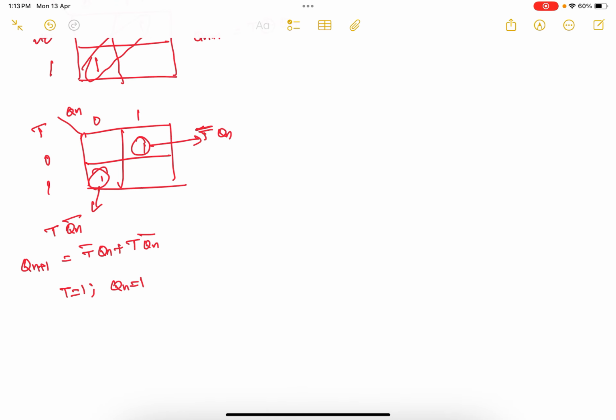If you substitute, you get 1 complement into 1 plus 1 into 1's complement, so this will be 0 into 1 plus 1 into 0. Finally you will get 0. So if we make Qn as 1, Qn plus 1 is becoming 0.